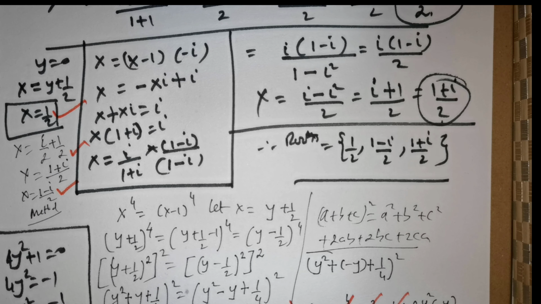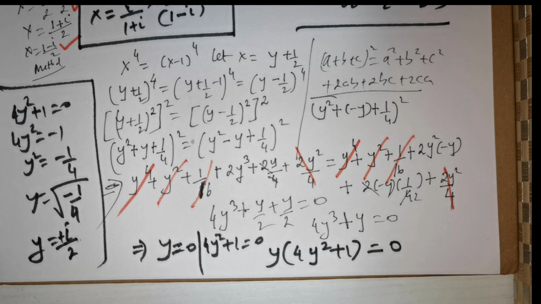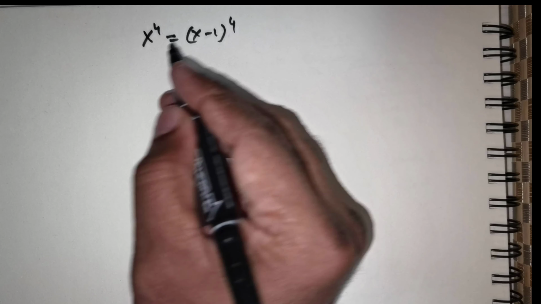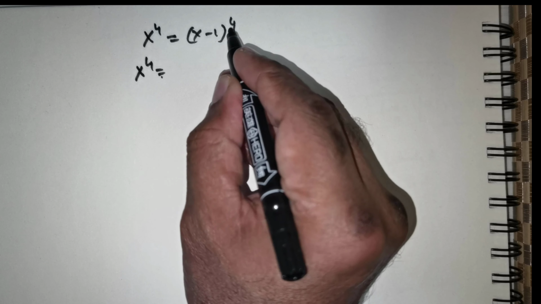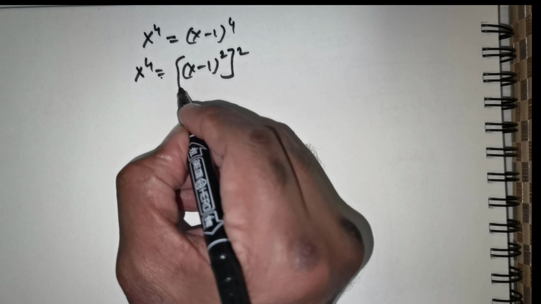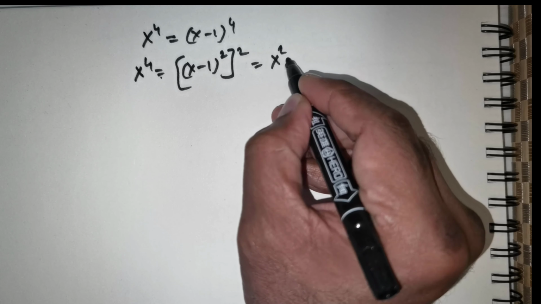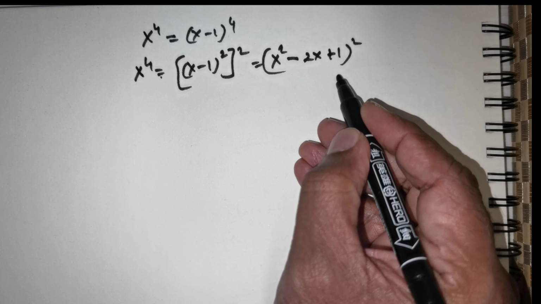So there are two other methods I want to show you. Let me finish them now also. Students, this is the fourth method. Now I want to rewrite (x minus 1) raised to the power of 4 as ((x minus 1) squared) squared. I expand this, I get (x squared minus 2x plus 1) squared.